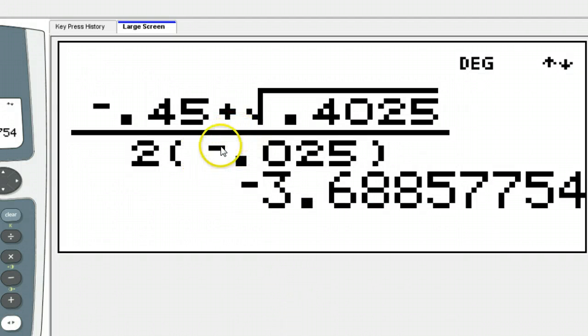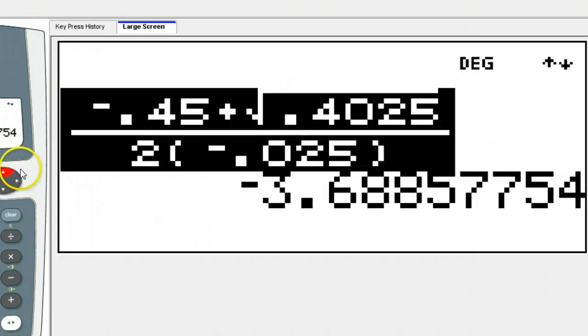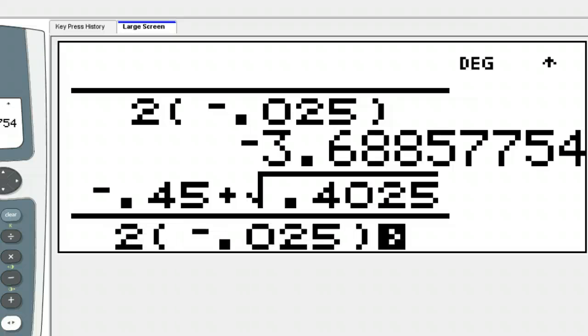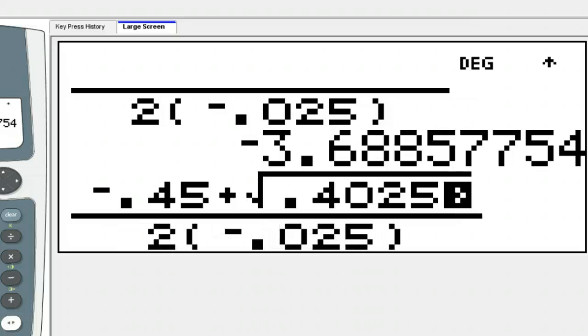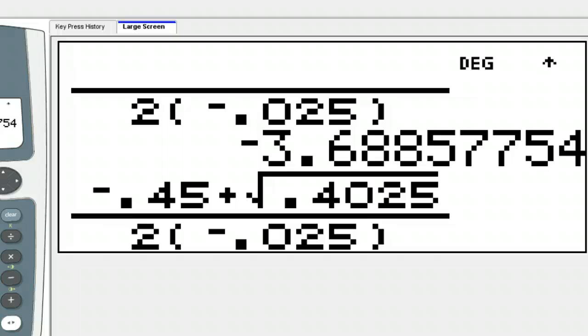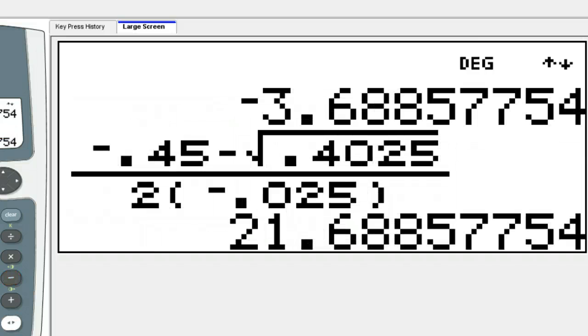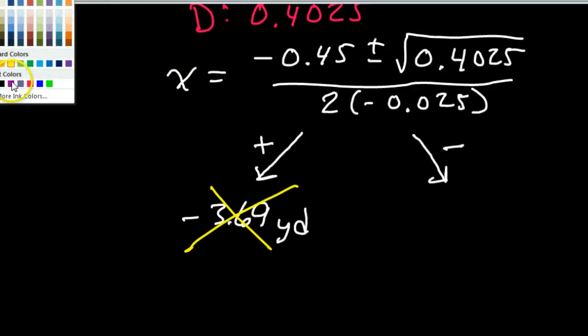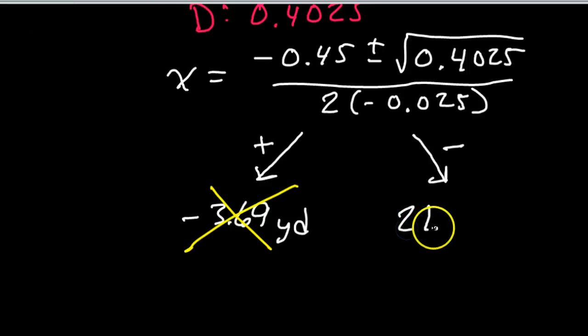Now, as a shortcut, if I don't feel like typing in all these numbers again, if I hit the up arrow key and highlight this expression and hit enter, it brings the expression back, because all I really need to do is change that plus sign to a minus sign. So I'm just going to arrow my way over, make it a minus, and hit enter. Okay, so I'm getting 21.69 yards. Okay, and that makes more sense.